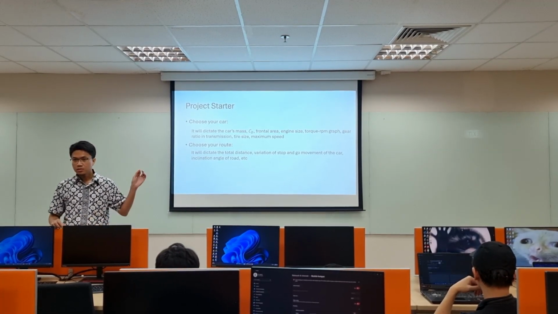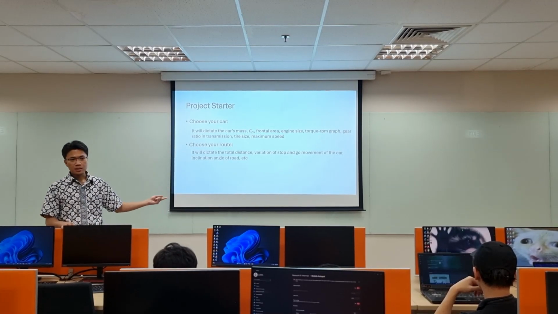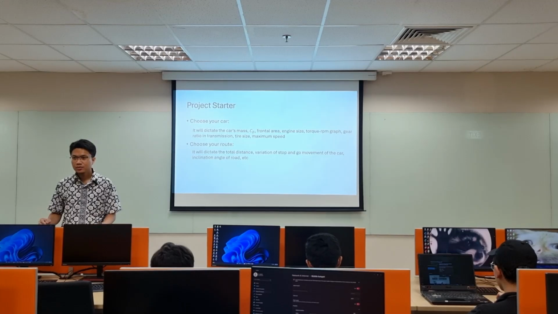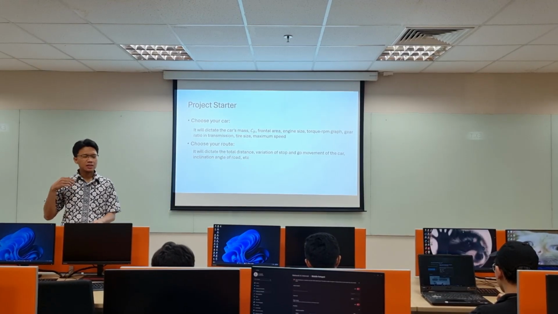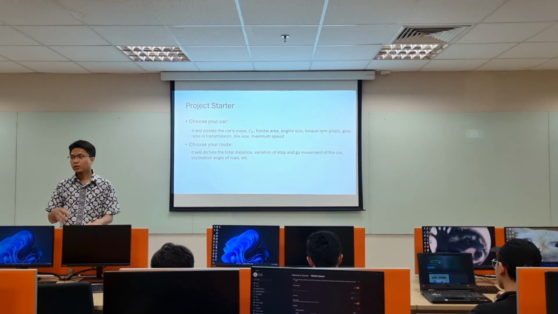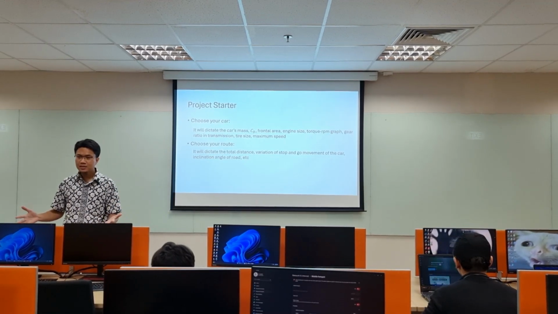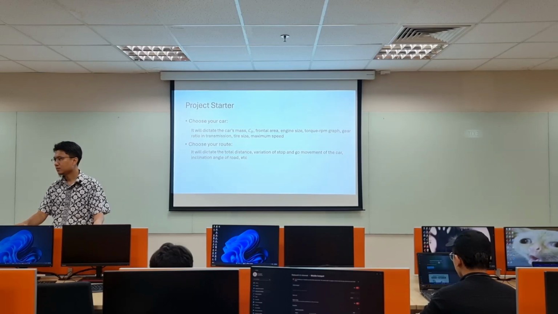Fuel consumption of a car is a widely known value. We know that it is either 15 or 20 kilometers per liter. After you simulate, if you don't get in that range, something is wrong with your simulation.